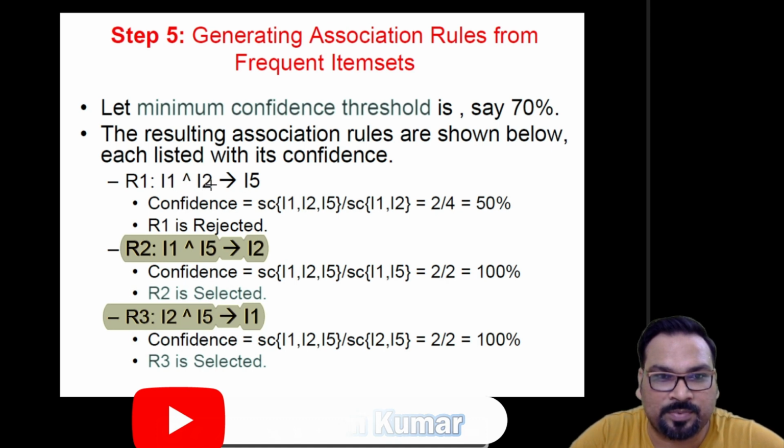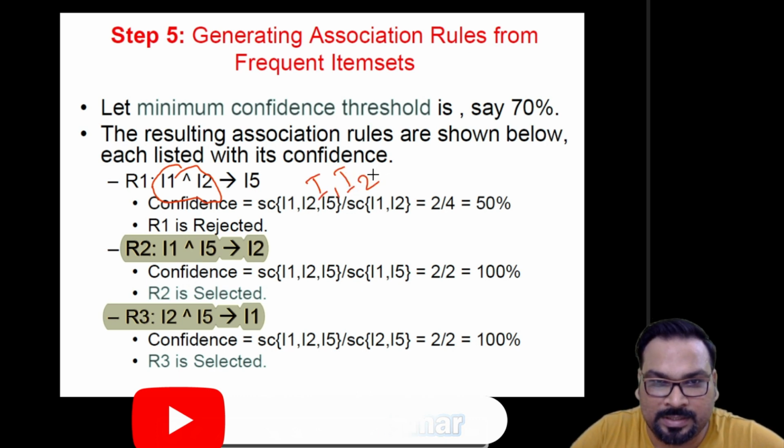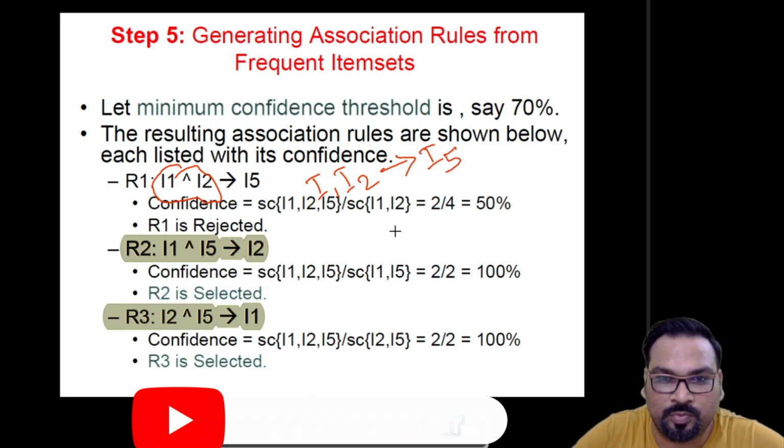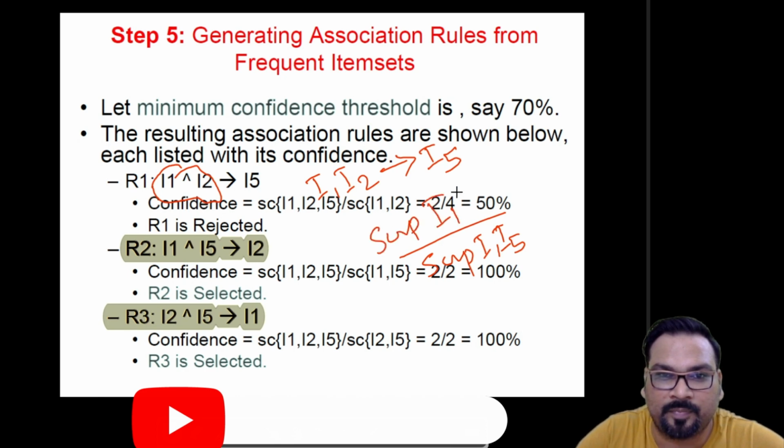If we take subset I1, I2, somebody purchases I1, I2, what is the likelihood that person will also purchase I5? So in the denominator we need to write support I1, I2, and in the numerator support I1, I2, I5.